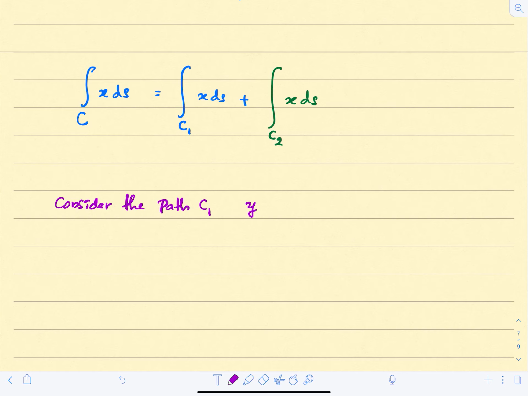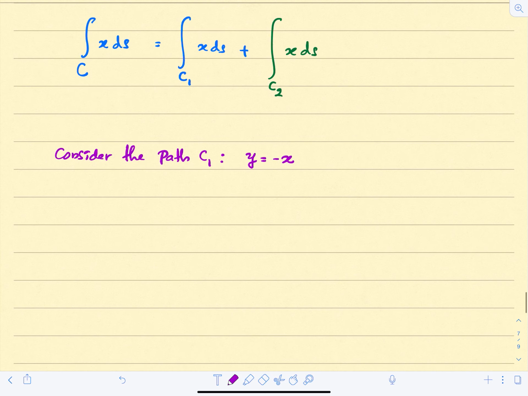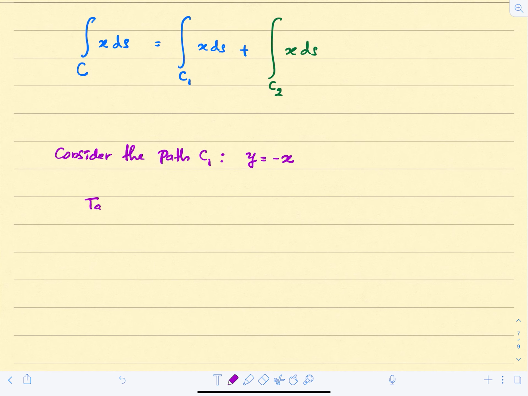Its equation is y equals -x. So in this case, take x equals t. t is the parameter. Since x equals t, your y coordinate becomes negative t. So now the parametric equation for this line segment C1 equals t comma negative t. X coordinate is t, y coordinate is negative t.